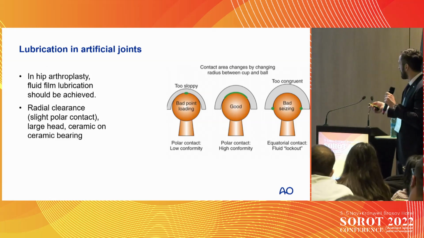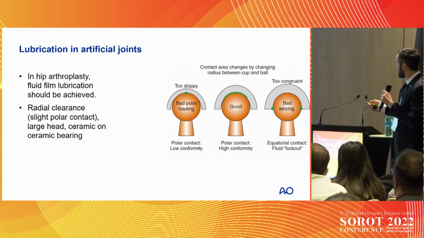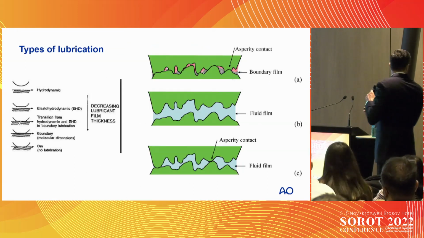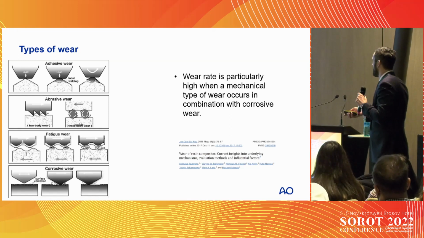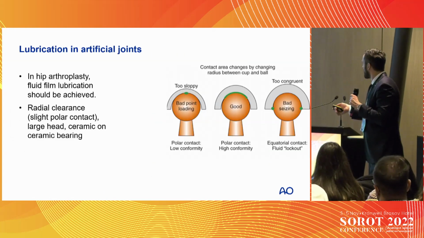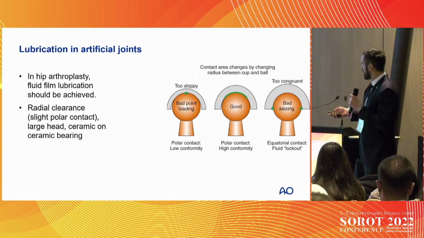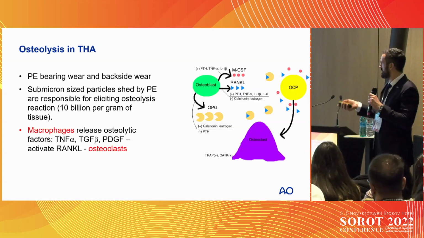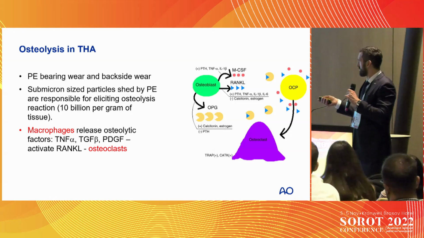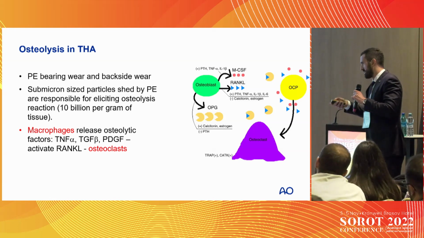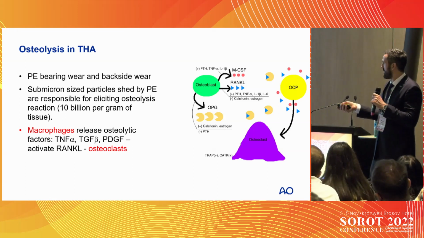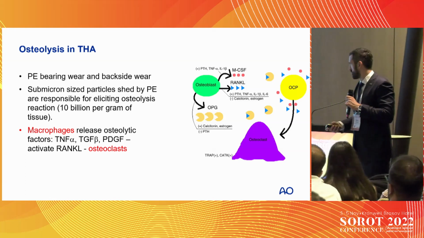If we have an equatorial contact, not a polar contact, then we have the lockout of the liquid. Osteolysis, of course, is because of the polyethylene particles that are released in the joint space, with macrophages and osteoclasts resorbing the bone.